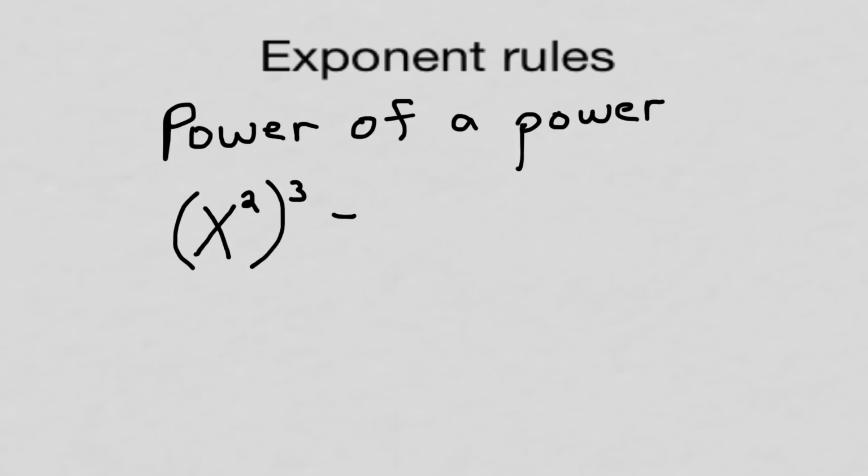Here's what you got to think about what this means. This means inside the parentheses is x times x. You've got this 3 out here that's saying there's going to be that times that times that a third time. So here's what we've got.